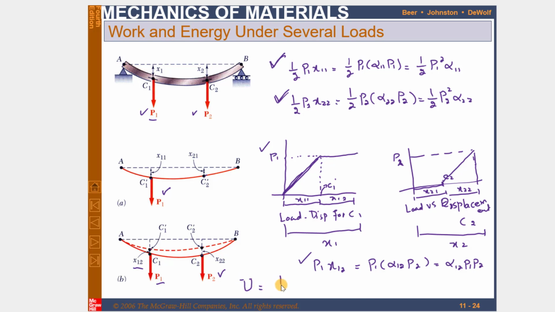This will become equal to 1 over 2 alpha 11 P1 square plus 1 over 2 alpha 22 into P2 square plus alpha 12 P1 into P2. Clear? Okay.